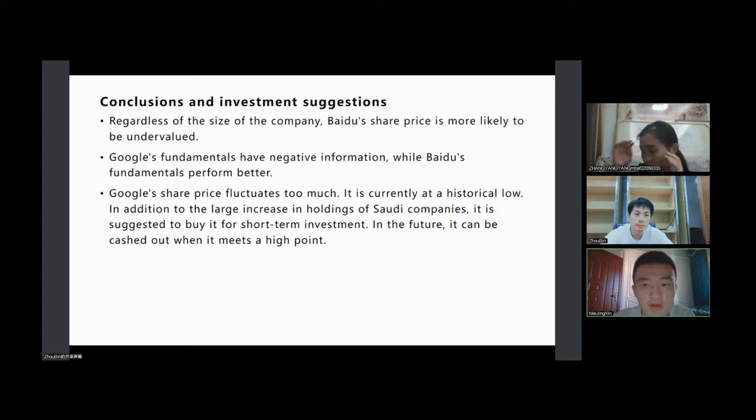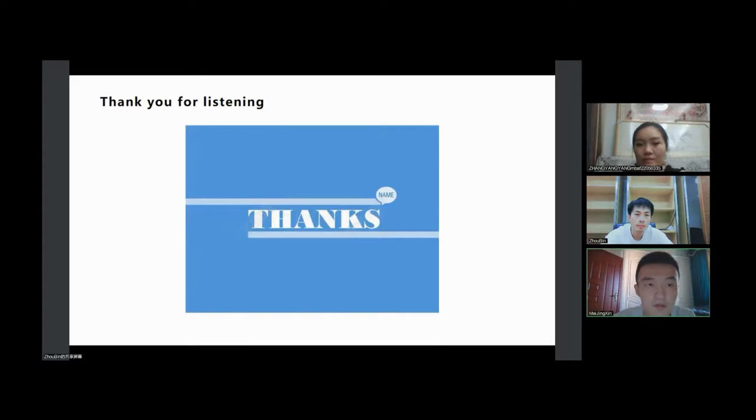It is currently at a historical low, in addition to the large increase in holdings by Saudi companies. It is suggested to buy it for short-term investment. In the future, it can be cashed out when it meets a high point. Thank you for listening.